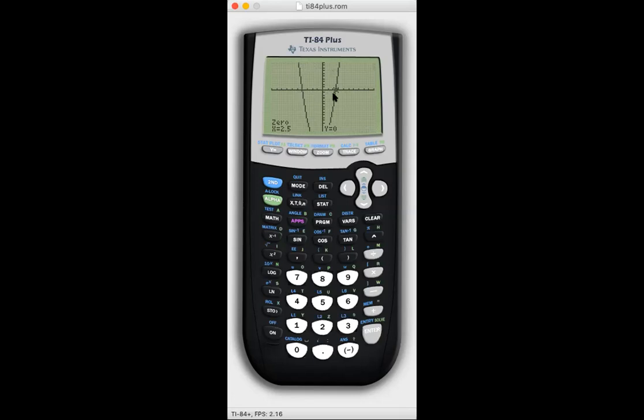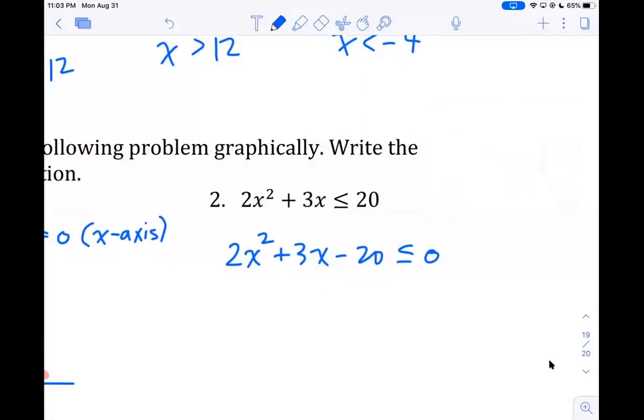So I know that this graph is below the x-axis right here, between -4 and 2.5. So this one is between -4 and 2.5. Remember here we have a less than or equal to, so that means we're going to include the two endpoints.